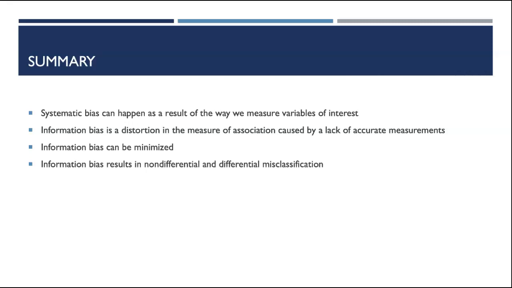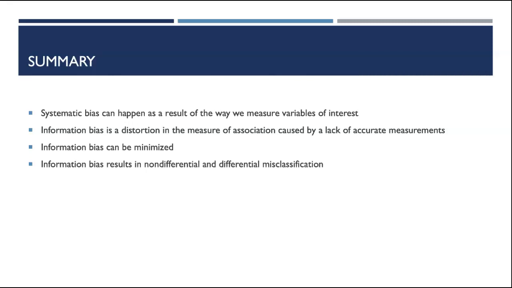We can have selection bias that can distort that measure of association, or we can have information bias that can distort it as well. Information bias is a distortion in the measure of association that is caused by a lack of accurate measurements. You are misclassifying people's status because of the way that you're measuring the variables in your study.